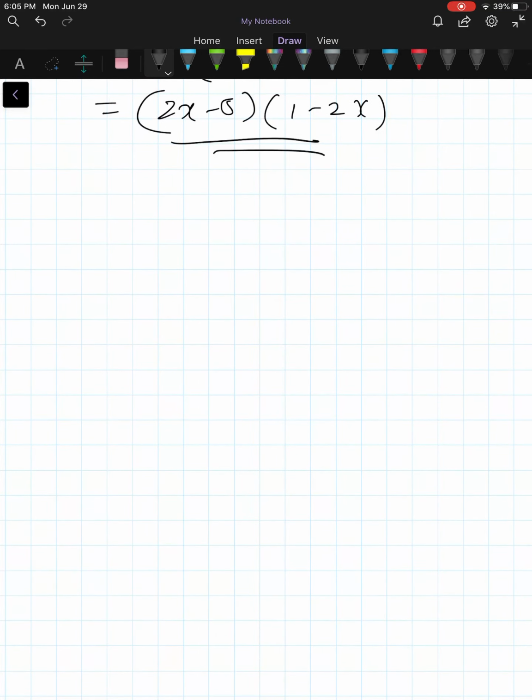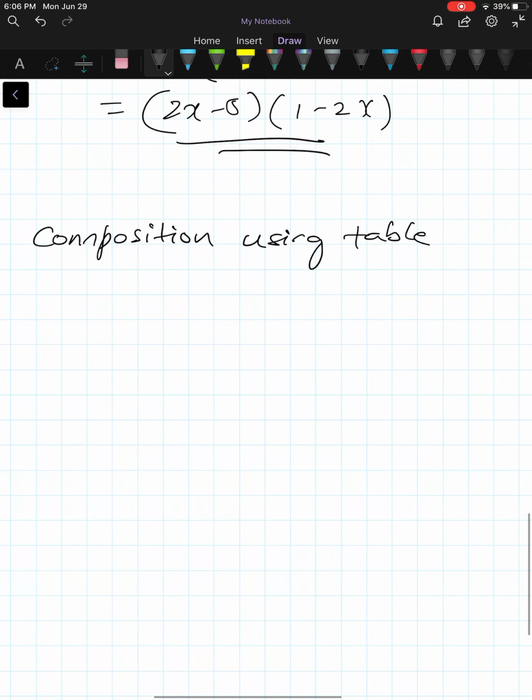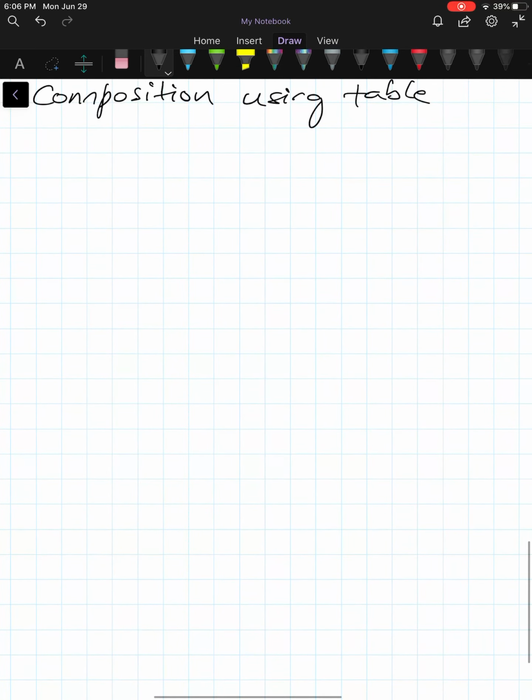So there is another method, you can perform the operations of composition using a table. So I will write the table of values of the functions. So composition using table. You can do it by graph also. Okay, so x, f of x, g of x.